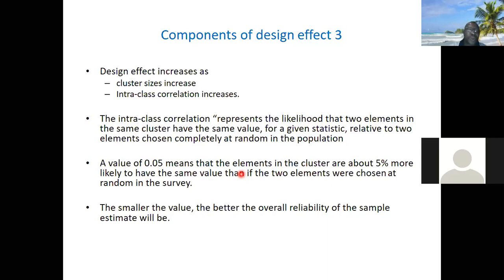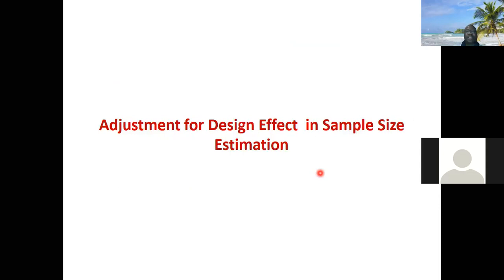So if it's 0.05, it means that the elements in the cluster are about 5% more likely to have similar values than if 2 elements were chosen at random in the survey. So the smaller the value, the better the overall reliability of the sample estimate will be. If the intra-class correlation is very small, it will give you a smaller design effect. But the higher the intra-class correlation, the more the design effect.